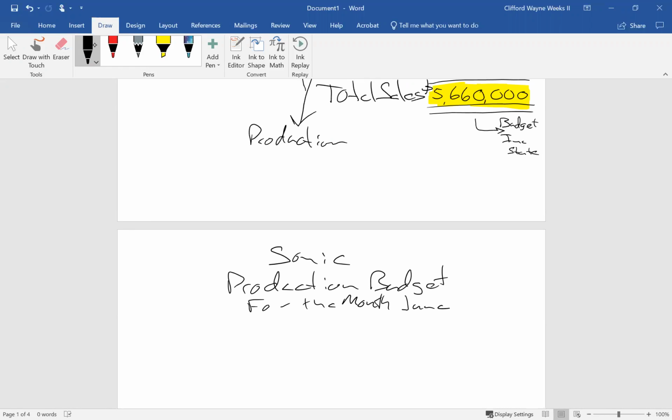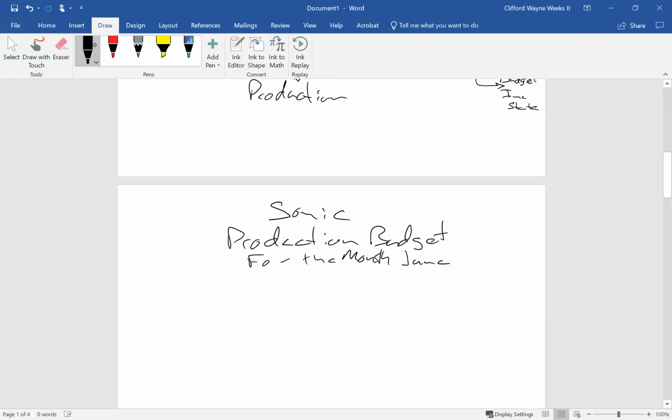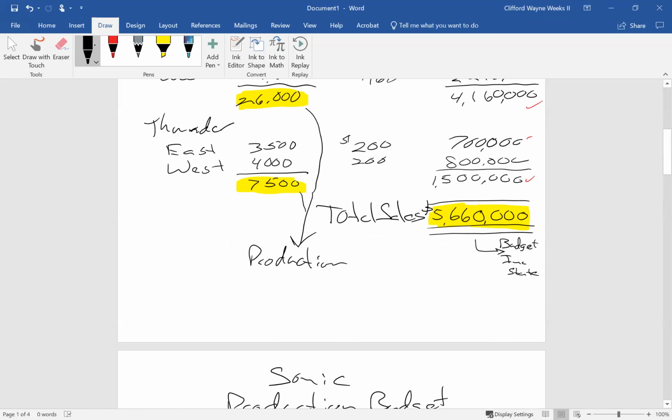And so with our production budget, what we're going to basically do, and you can set this up any way that you want, however, the textbook does have a good method. It communicates, and that is probably the way that I would do it also. And so we have the Rumble, and we have the Thunder, as far as our products. And on the production budget, if we anticipate that we're going to sell 26,000 Rumble speakers and 7,500 Thunder speakers, we have to make sure that we have those to sell.